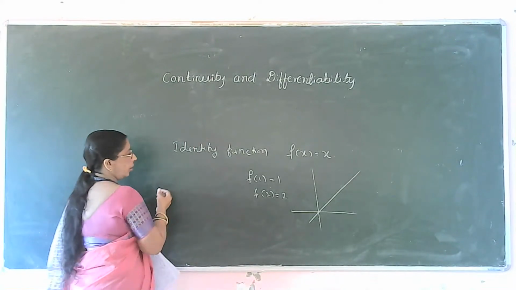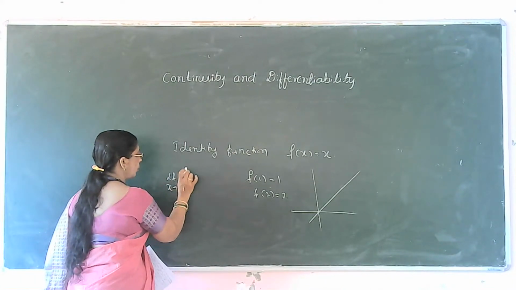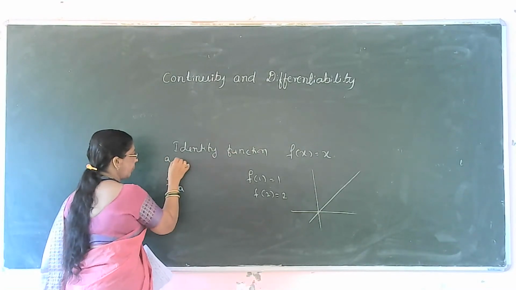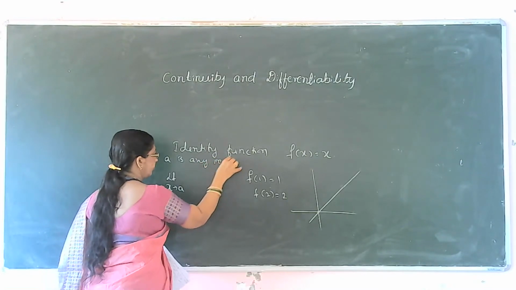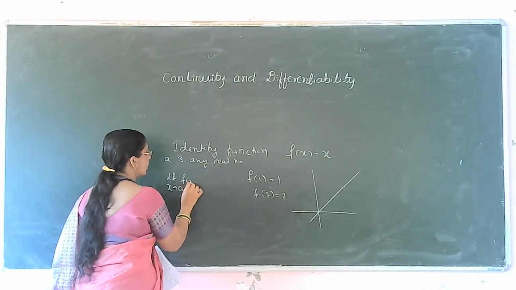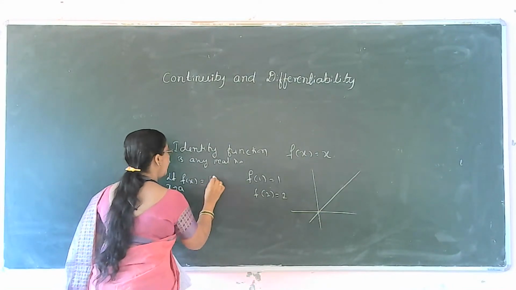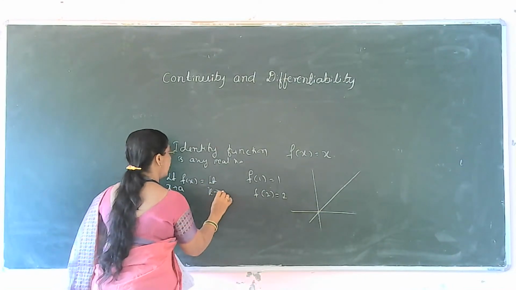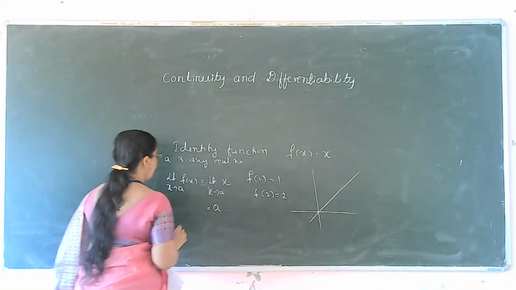We can find the limit as x tends to a, where a is any real number. The limit of f of x as x tends to a is the limit of x, which is equal to a.